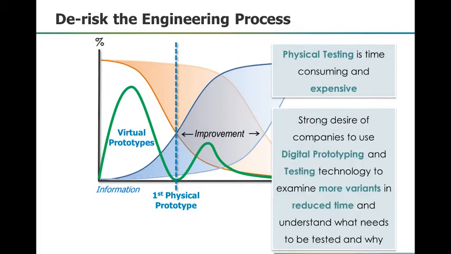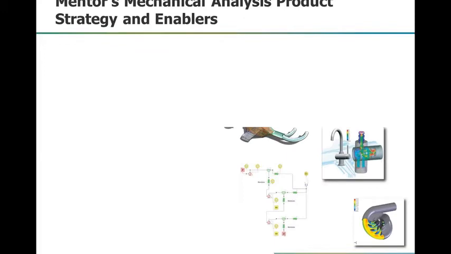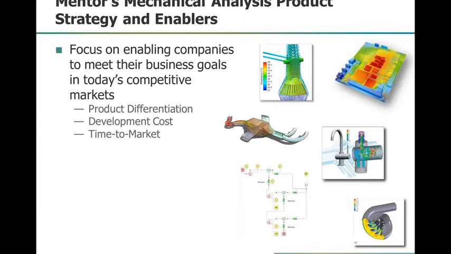So how do we help our customers handle these types of things? Well, in Mentor Graphics' Mechanical Analysis Division, some of our strategy is to enable companies to meet their business goals in today's competitive market by being able to differentiate their product.